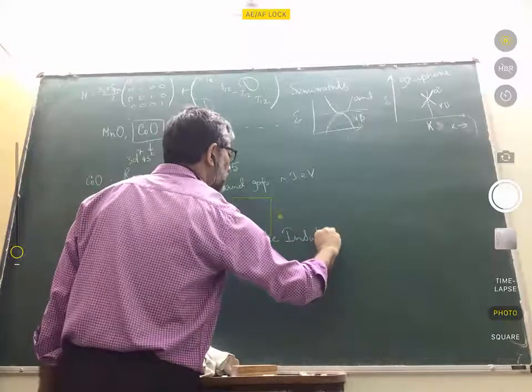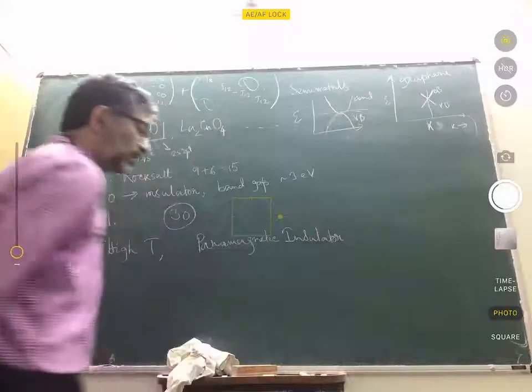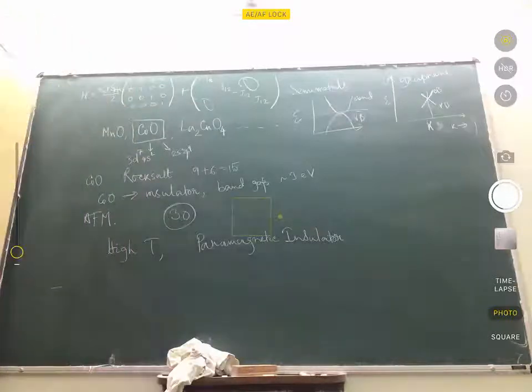So that tells you that something is not right, or at least for this class of materials, our band theory is not giving the right picture. There's more to it than what band theory tells you. What that is, we will take up next time.